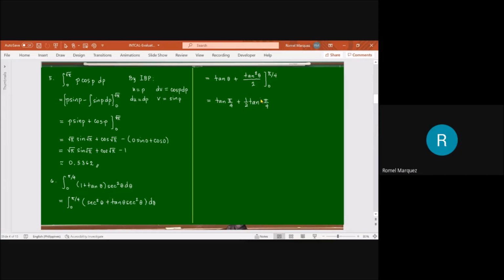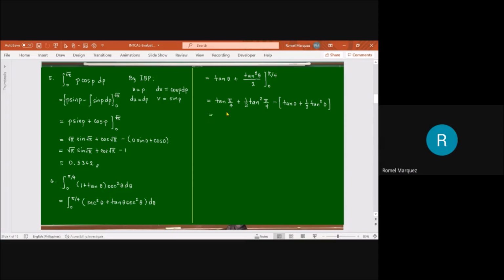So minus, what about the value of this indefinite integral when theta is 0? Tangent 0 plus 1/2 tangent squared of 0, no? Okay, guys?